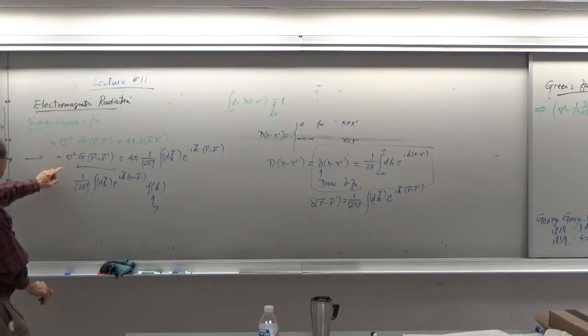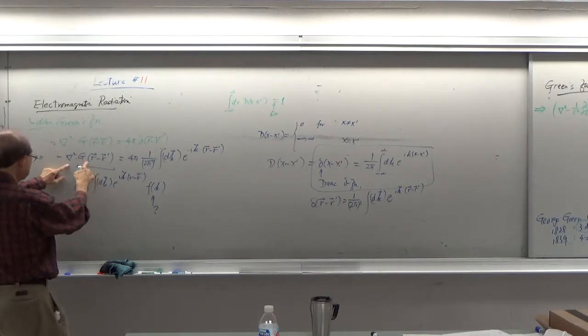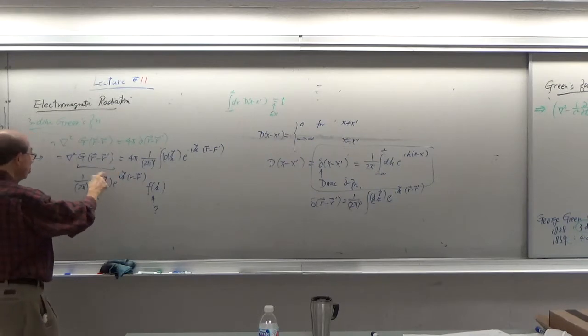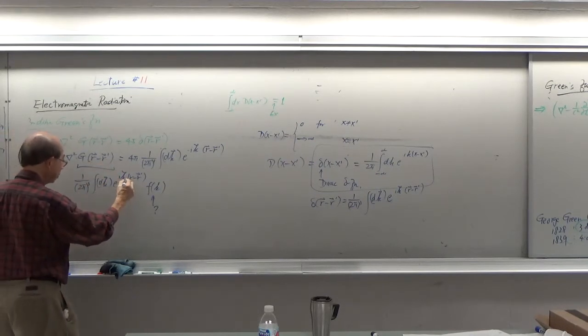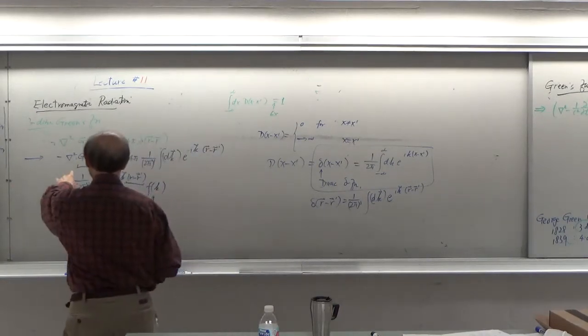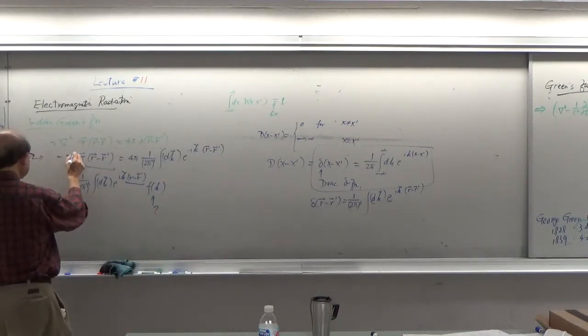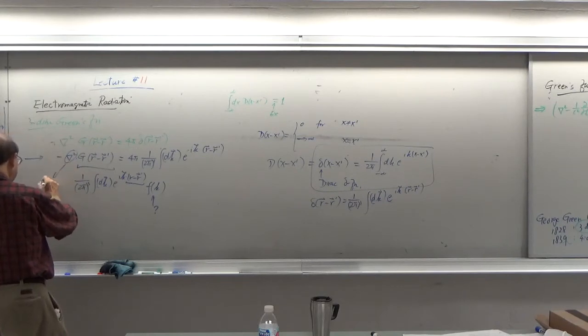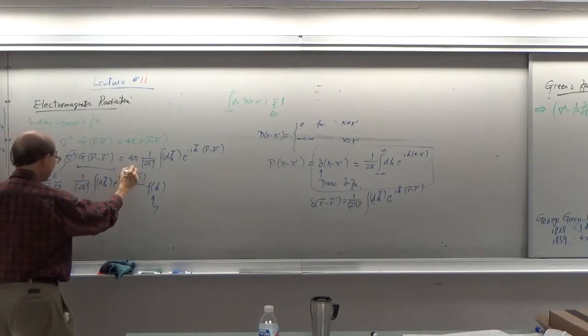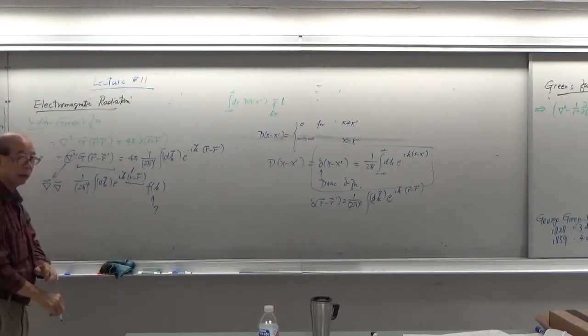Well, we notice that if the Green's function is of this form, the dependence on r and r prime rests in the exponential. And imagine that this, of course, is nothing but grad dot grad. And the gradient acts only on this part of the integrand.